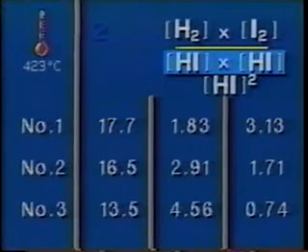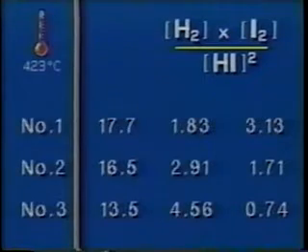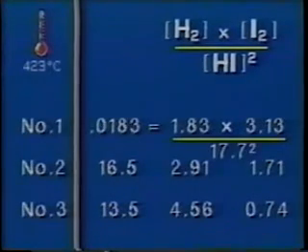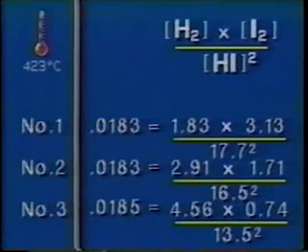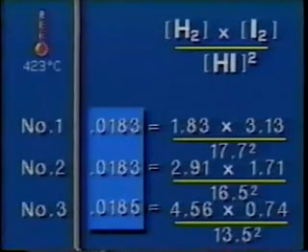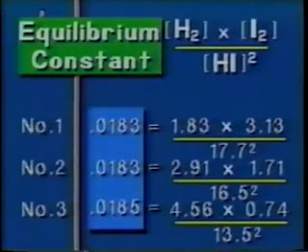This part of the expression can also be represented this way. The product raised to the power of the number of moles in the reaction. Now calculate this value for each experiment. Close enough to a constant value, just what we were looking for. This constant is called the equilibrium constant.